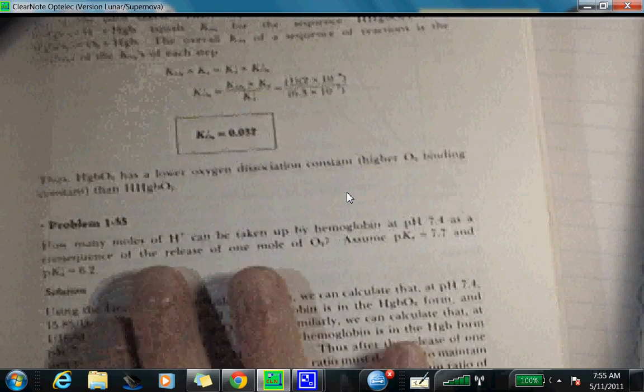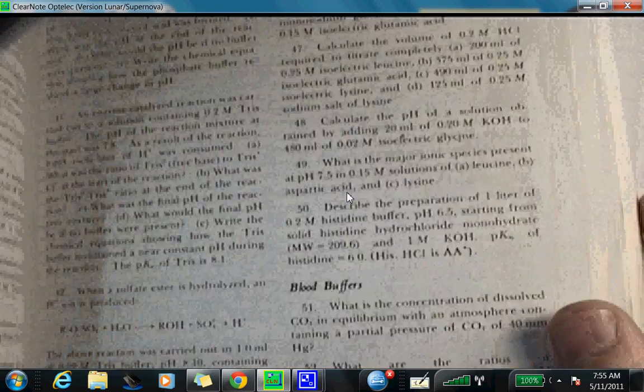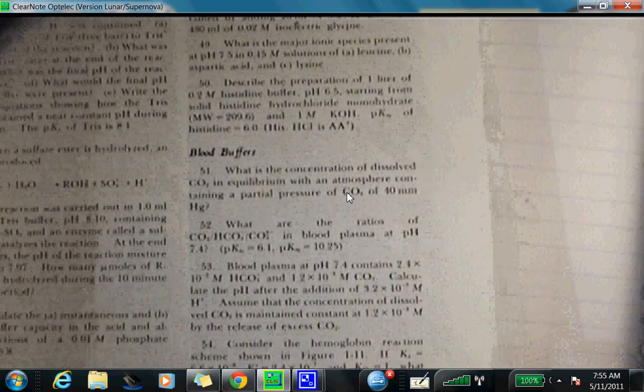So try and also do this one as well. But the one on 93 is also really good. That's just if you don't understand this the first time.